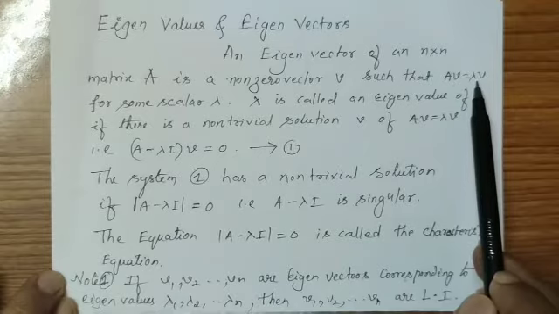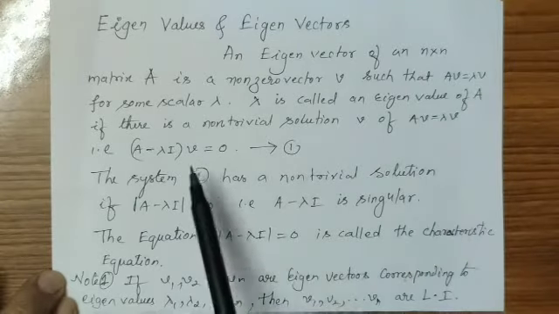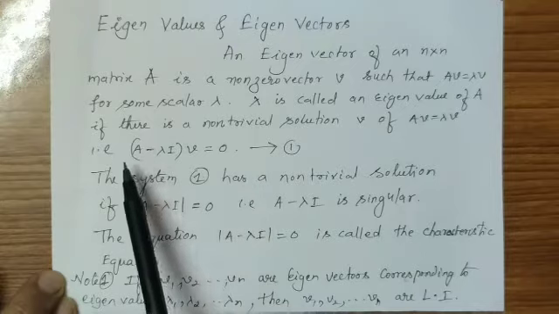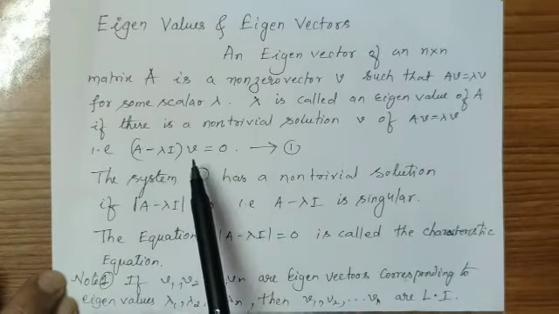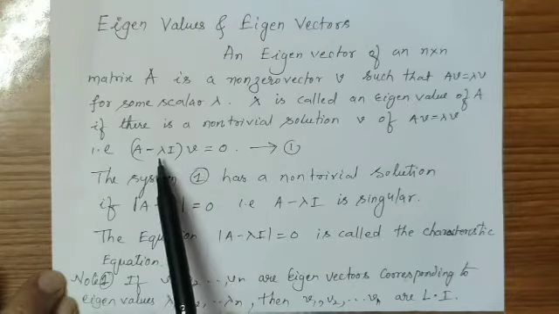So if we have a non-trivial solution of this system of equations, that non-trivial solution is the eigenvector and lambda is the eigenvalue.